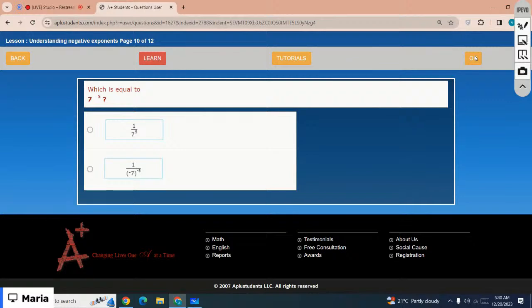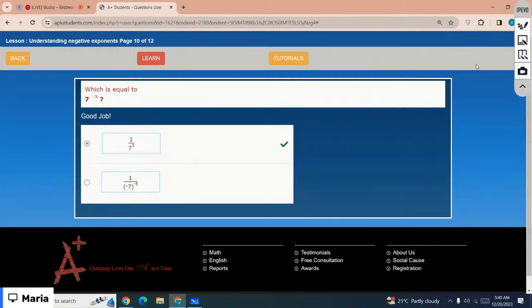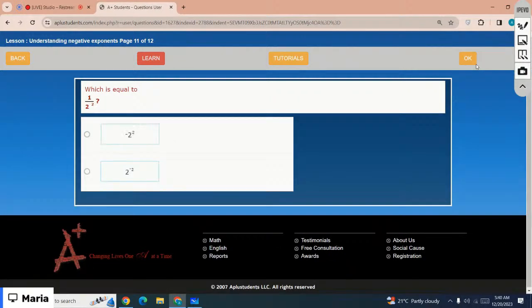Which is equal to 7 exponent negative 5, which is the correct option? You can make the exponent 5 positive by writing it in denominator, right? The correct option is option number 1. Which is equal to 1 over 2 exponent 2, which is the correct option?